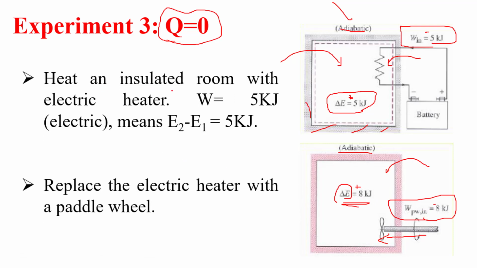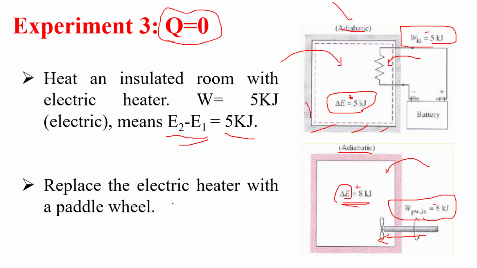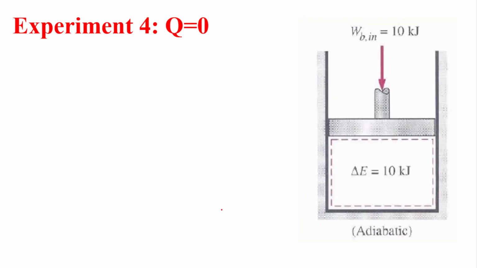Heat an insulated room with an electrical heater, work will equal 5 kilojoules. That means energy stored will equal 5 kilojoules. Replace the electric heater with a paddle wheel, mechanical work will again equal 5 kilojoules. We'll see why we replace minus with a plus in the coming slide. Remember, this is minus work entering, but we replace it with positive. We'll see why this happens.